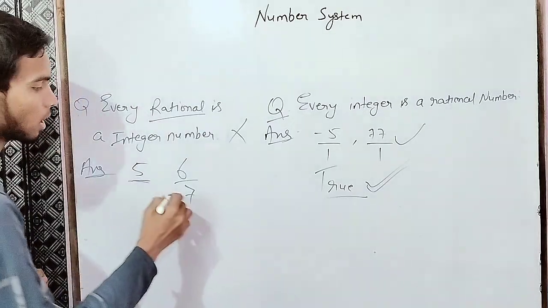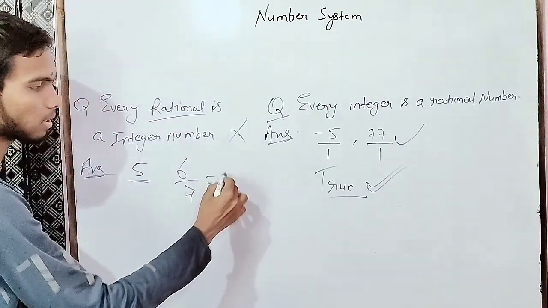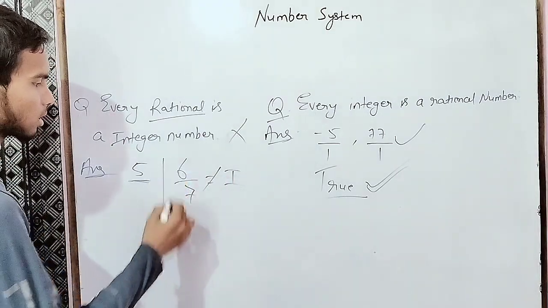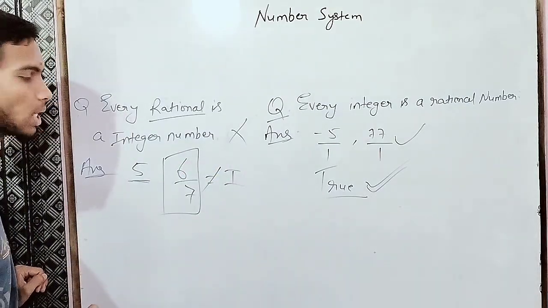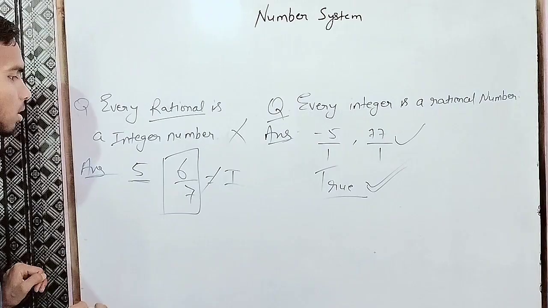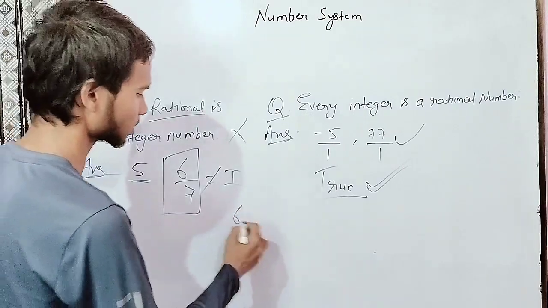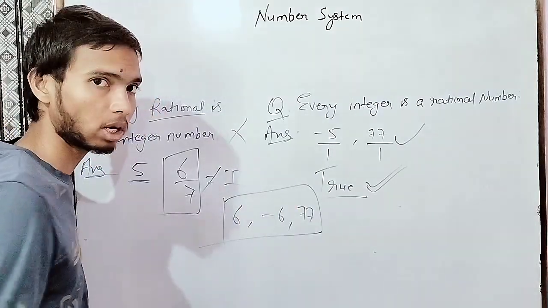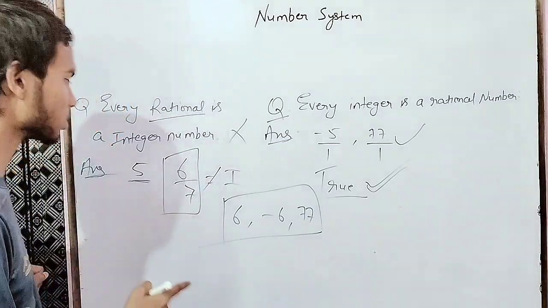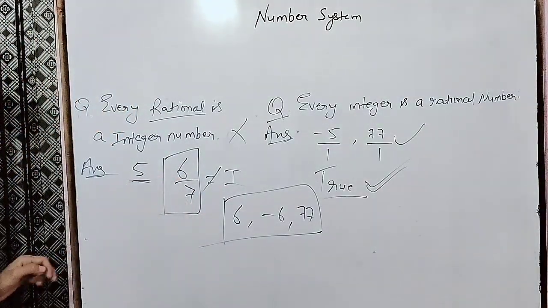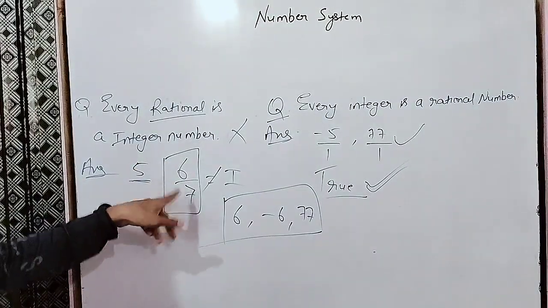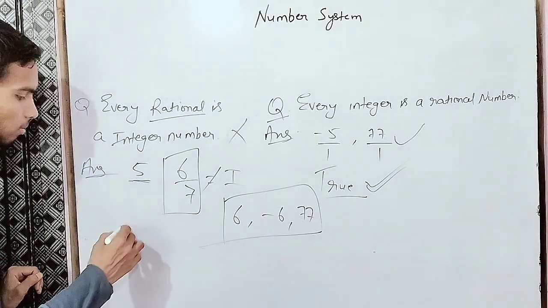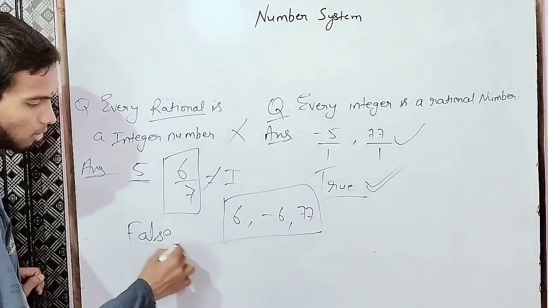This is a rational number, but we can't say that it is an integer. Integers are simple: 6, minus 6, 77. We saw the definition of each number. This is not an integer, rather it is a rational. So every rational number would not be an integer. False.